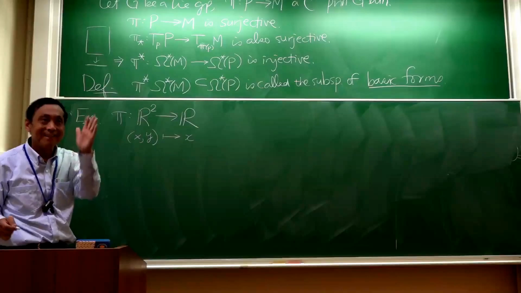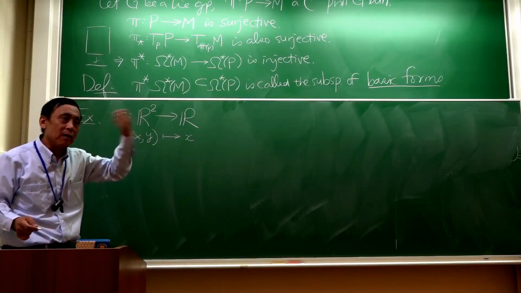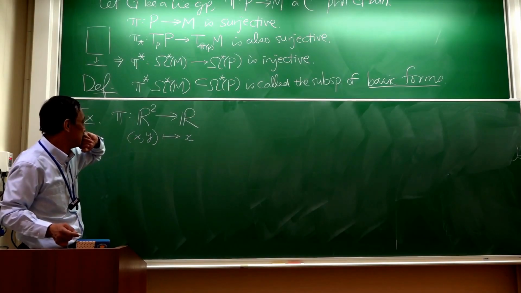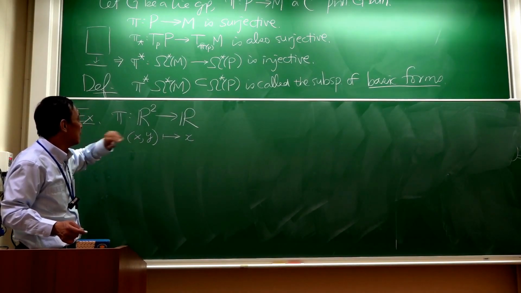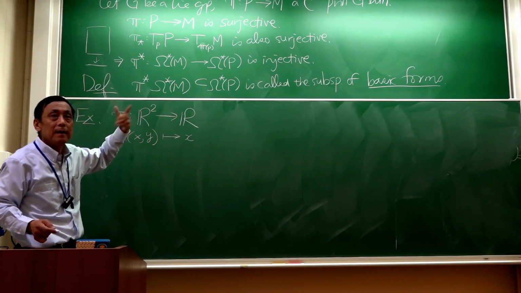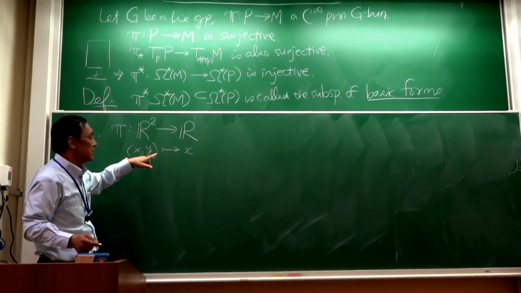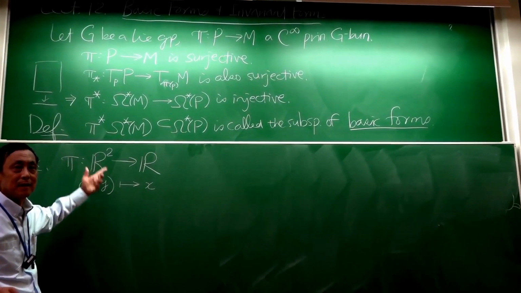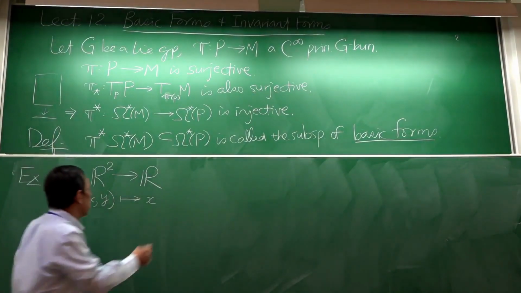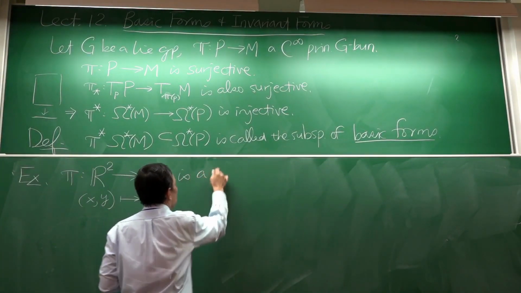Okay. Now, R acts on R2 by addition on the second coordinate. So this is a principal R bundle.